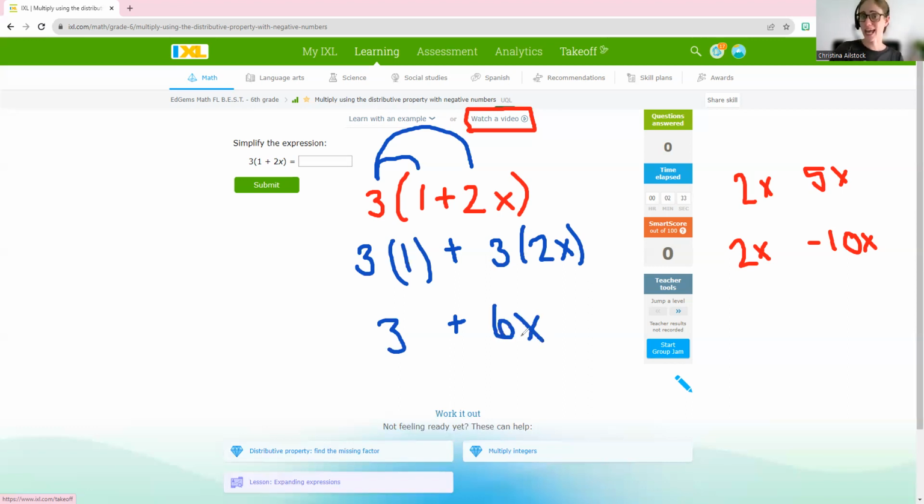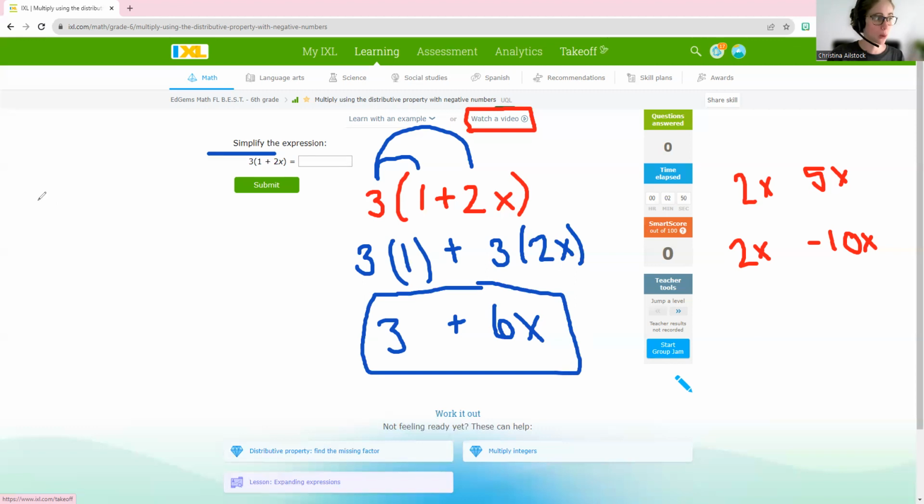And this right here would actually be our answer, because once again, we have no like terms. The 3 is a constant. There's no variable. The 6 is a variable term. We have a 6x. Because they're not the same, that is all we can do to simplify, and that would be your answer, and you would type it in just like that into IXL in order for it to be marked correct.